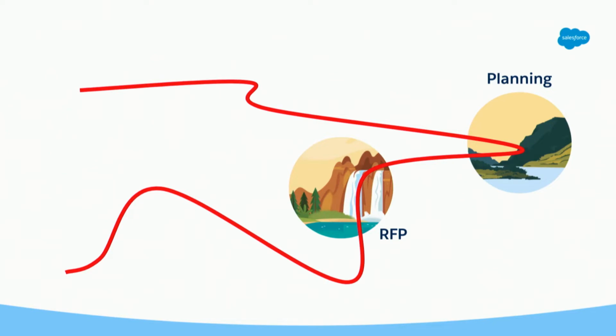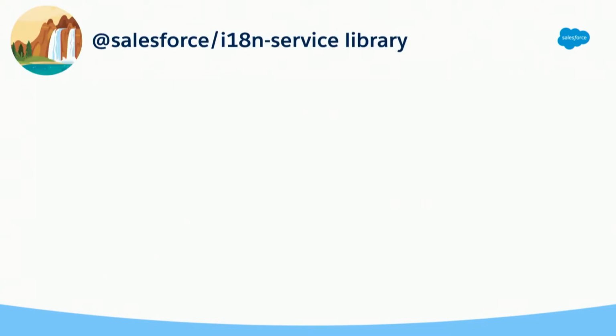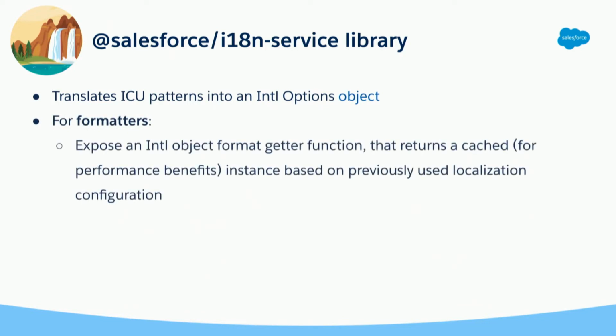Next was the planning and RFC, so I will talk a few words about those steps. We separated into a couple of modules, so i18n-Service-Library. This was to translate the ICU patterns into the Int'l options object, and formatters.